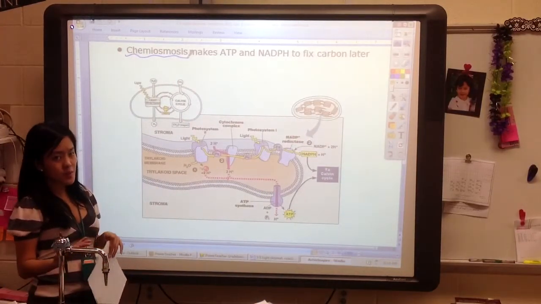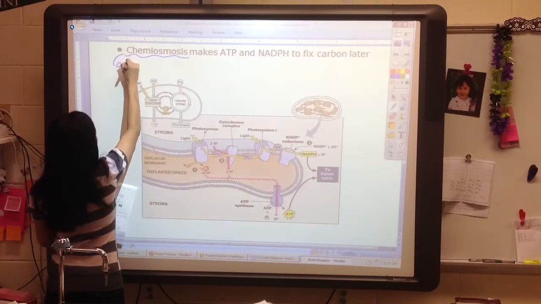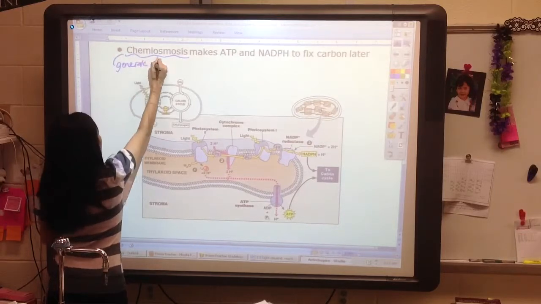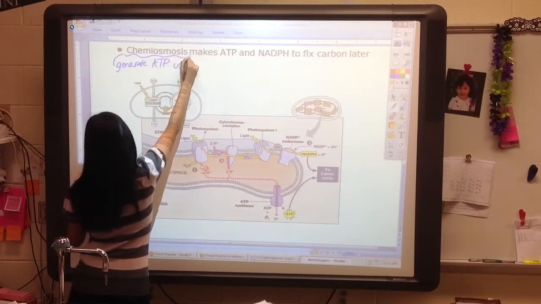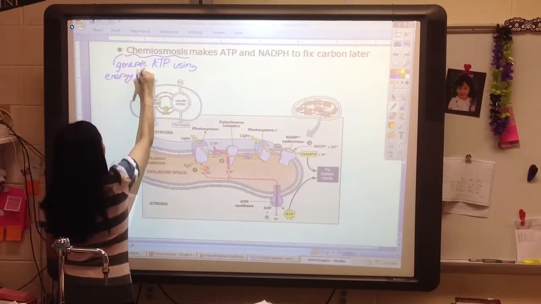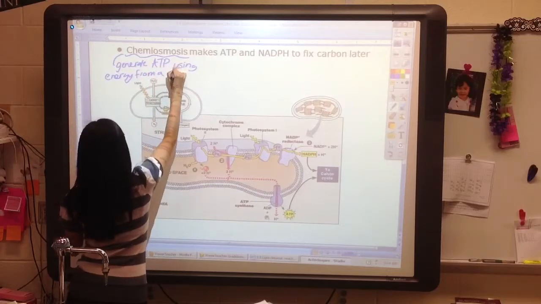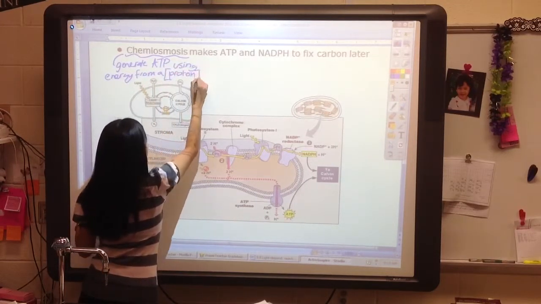What was chemiosmosis again? Well, chemiosmosis was a way to generate ATP using energy from a proton concentration gradient.